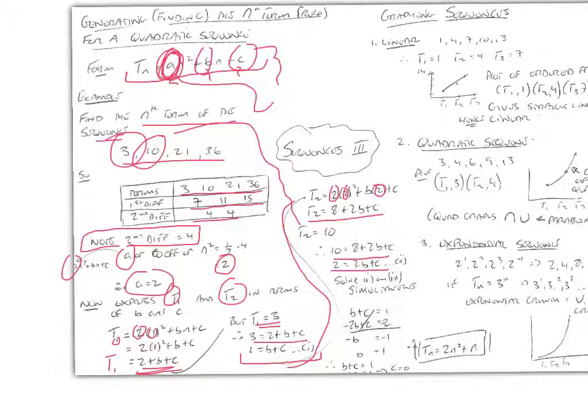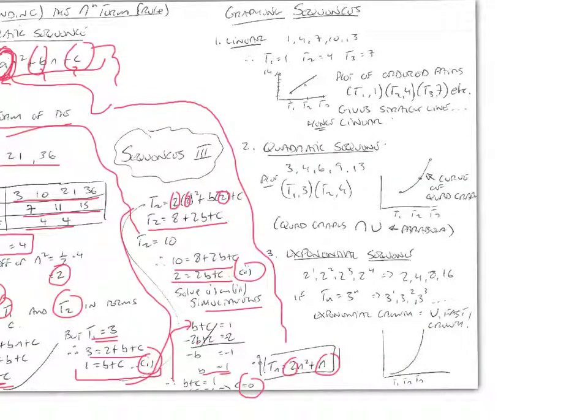We'll solve equation 1 and equation 2 simultaneously, change the sign and add, and we will end up with b is equal to 1. If we let b equal 1 and sub it back in, we'll see that c is equal to 0. So our nth term rule for that quadratic sequence is Tn equals 2n squared plus n, and there's no c.